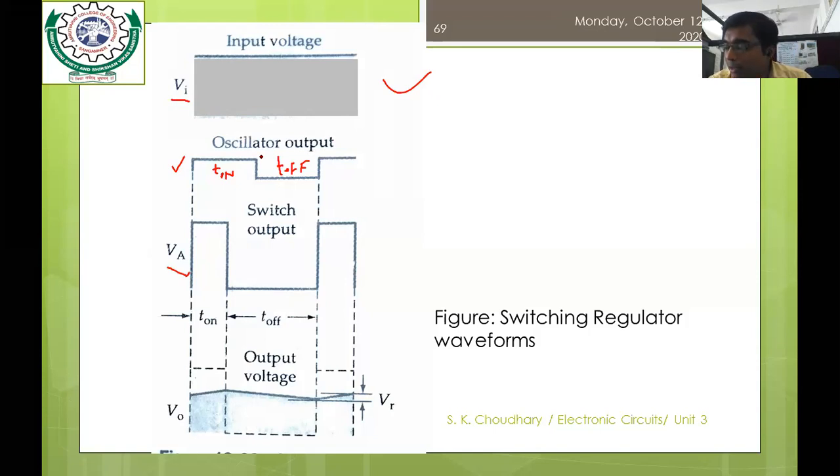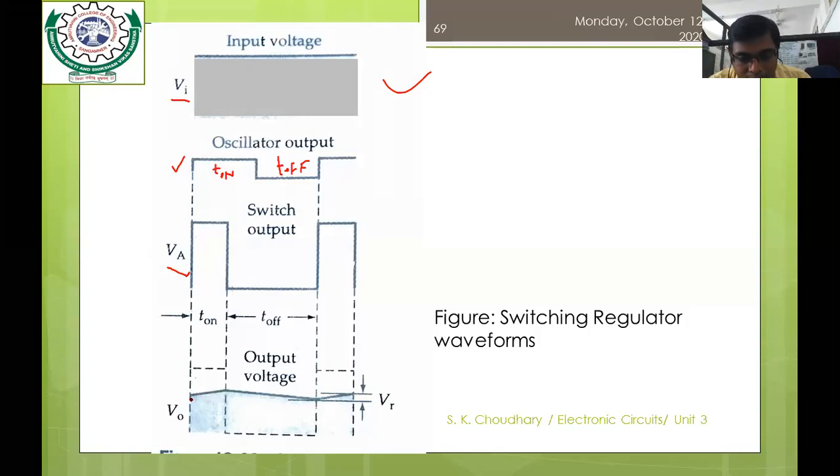And at the output of the filter, what happens? The filter would smooth out the time varying switching output with the help of this filter circuit.